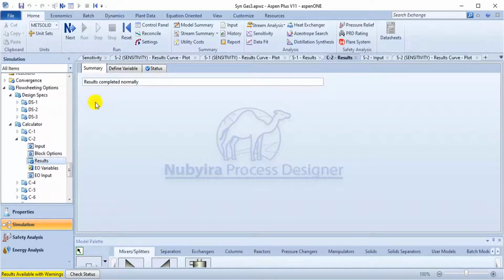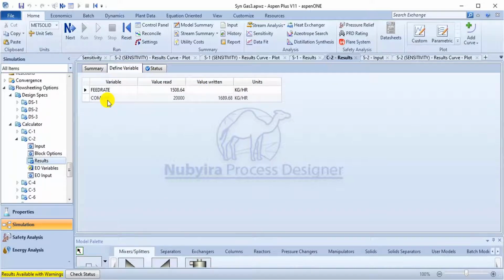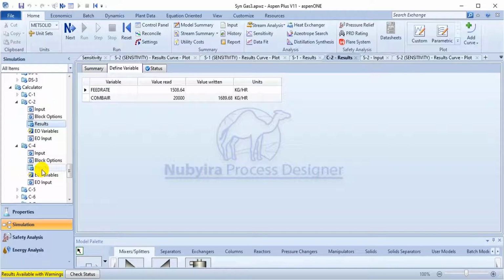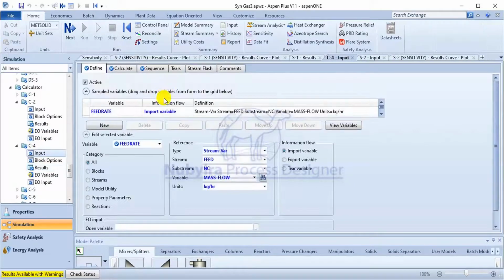Okay, we get to define the variable. So this one is for the calculator 4, so we have 75.432. Okay, write that down. That will be the minimum for the range. You understand? So we do the second one, the minimum for the range.